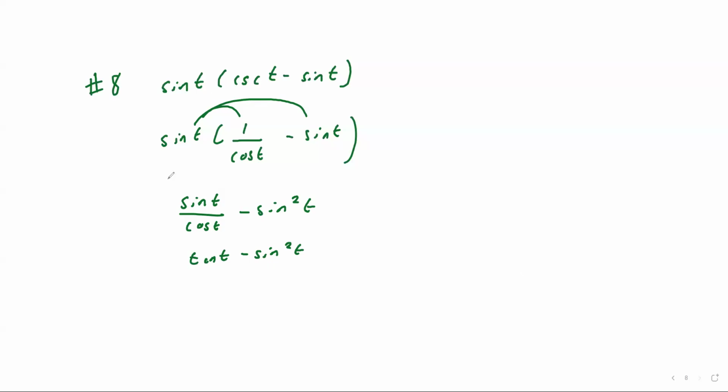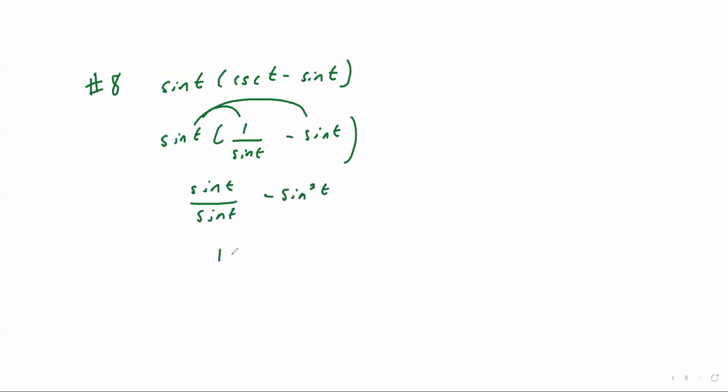So, oh man, I messed up at the very beginning, which happens. Especially if you get to a place where you're stumped, definitely go back and look at your work. The reciprocal identity of cosecant is actually one over sine, not cosine. So when I distribute this out, this will give me sine t over sine t minus sine squared t.